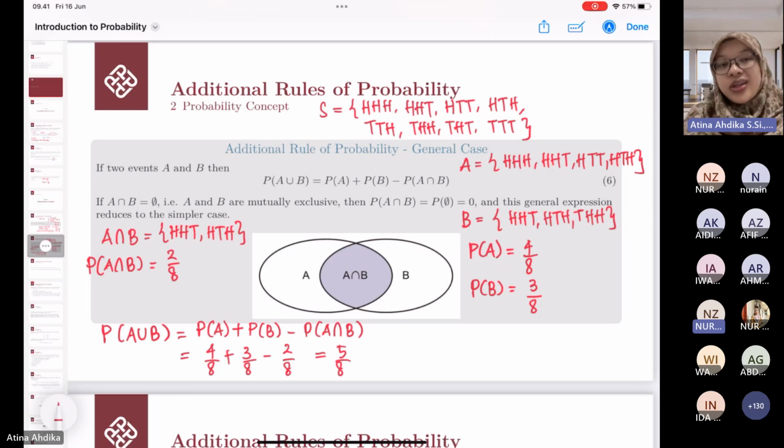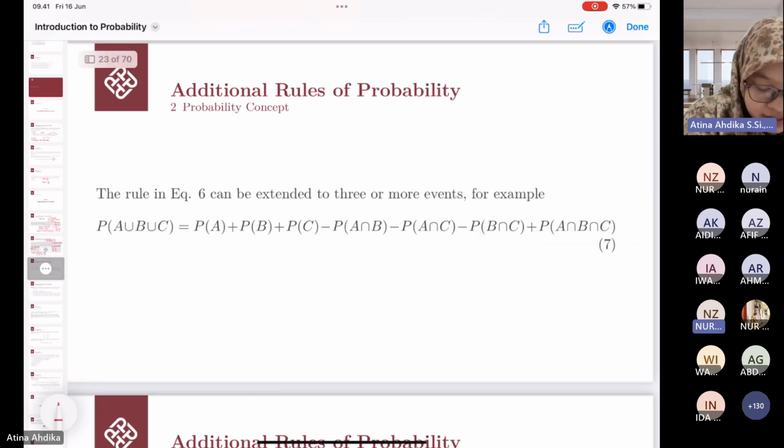This is how we calculate the probability of the union between A and B for the general case. This general case assumes that we have an intersection between events.